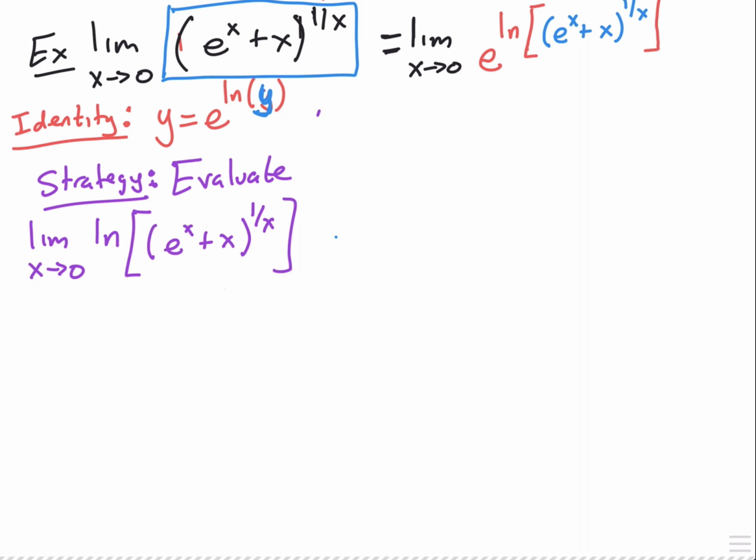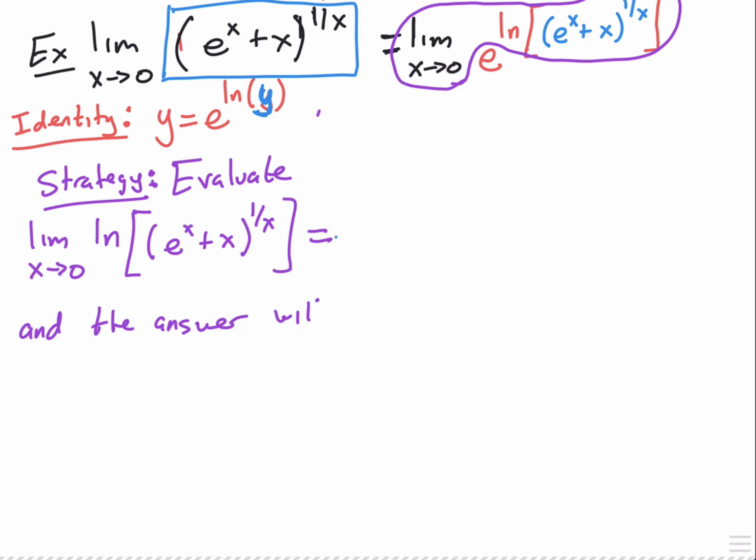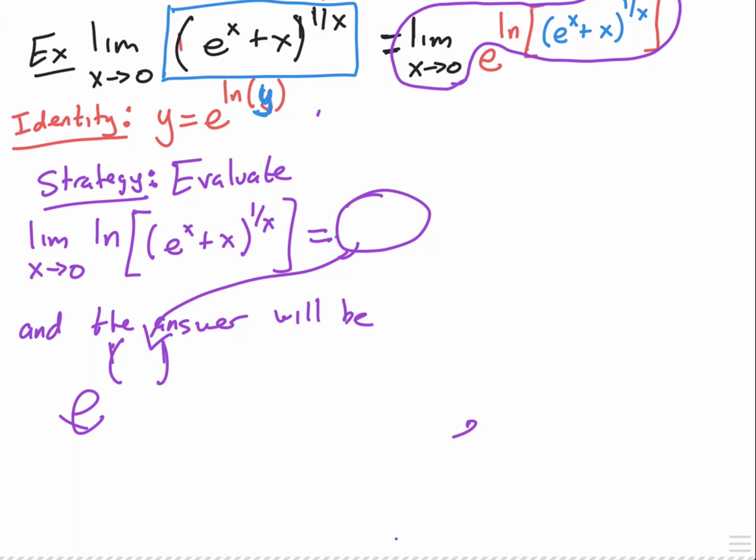So what I'm looking at is this right here in the purple. I'm going to evaluate that limit, and the answer will be e raised to whatever I get from here. Whatever it is that I get when I do that. Does that make sense? The strategy?